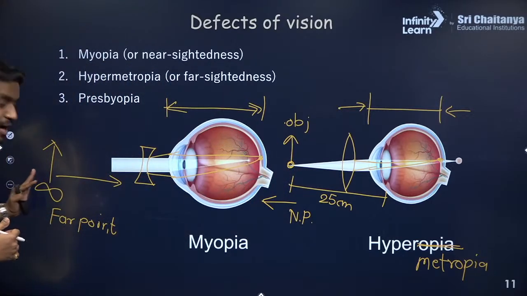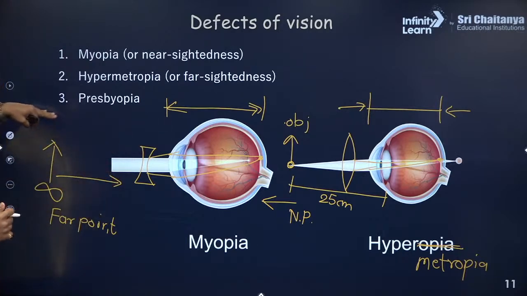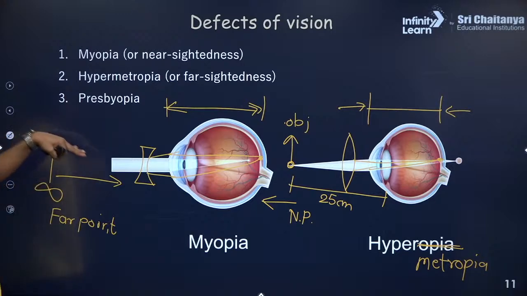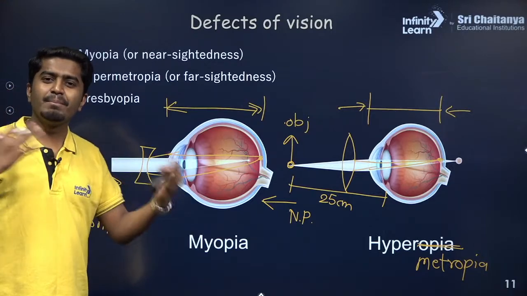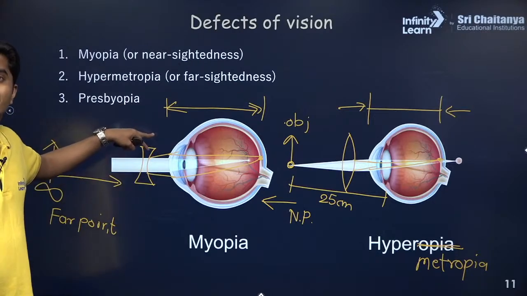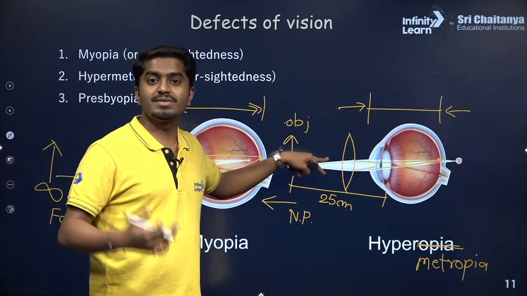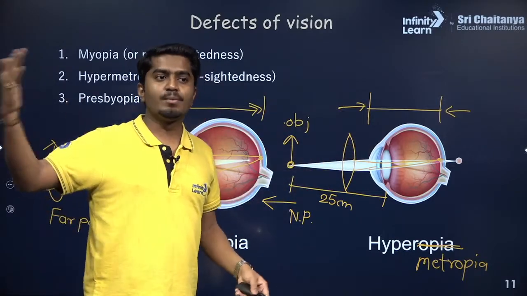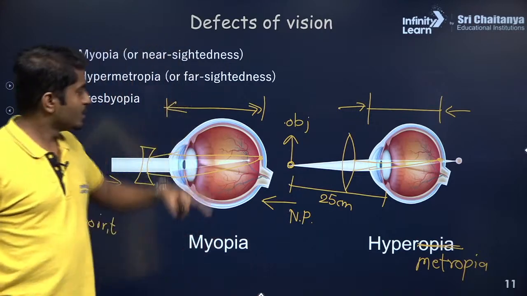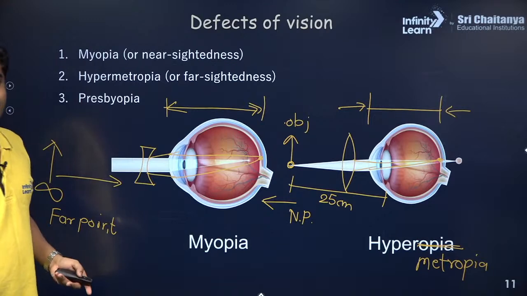In myopia, far point shifts closer. So in myopia, the objects which are very far, you cannot see them or they are blur. But this person can see the objects which are near. In hypermetropia, the person cannot see the objects which are near, but he can see the objects which are very far away. So these are the major differences and how to correct them. Clear?